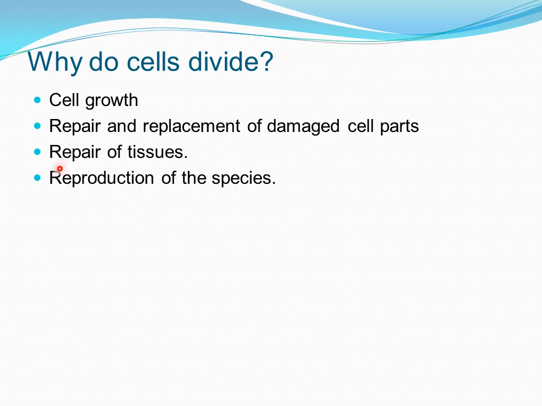It is also required for the repair of tissues. It is also required for reproduction of species. So from a single cell to a huge number of cells, if we want to multiply the number of cells for several different reasons, we need to divide the cell. So for that only cell division is required. So let us see what we are having in the next slide.